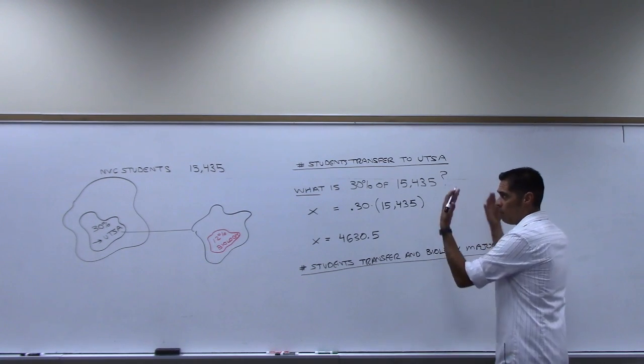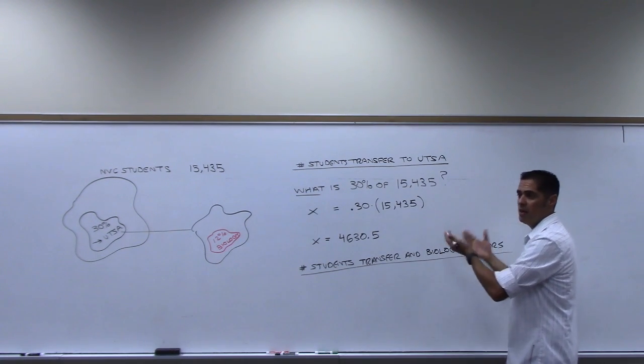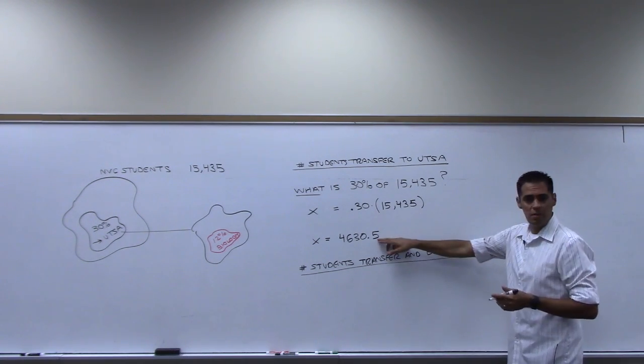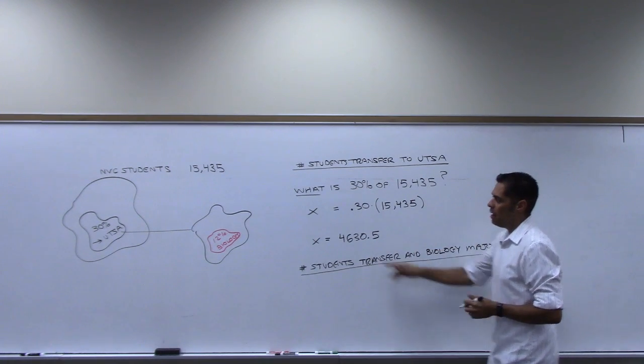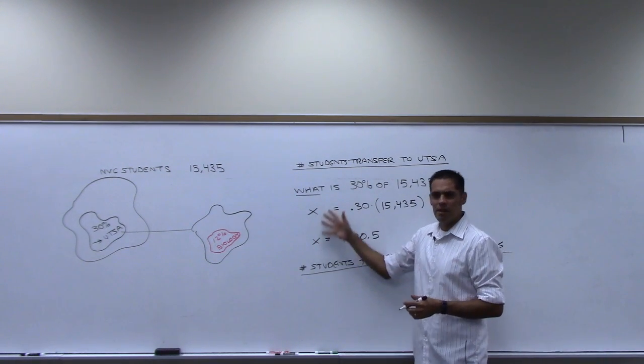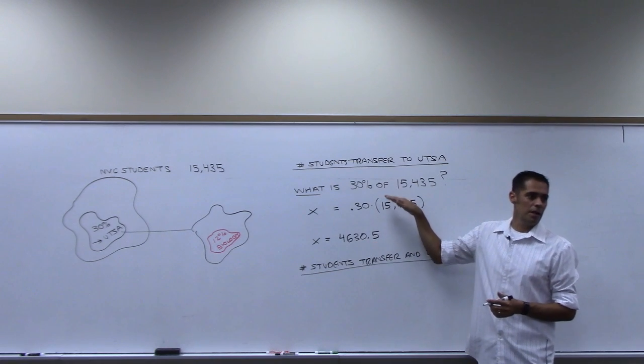We're going to say the same thing. What is 12% of this? When I say what, I'm not going to use X again because I already used X. X represents the number of students that transferred.